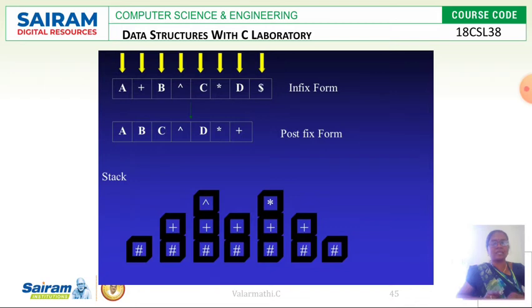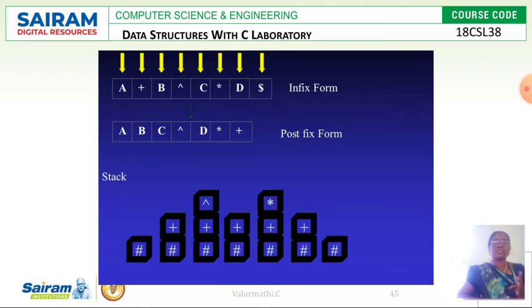We need to compare the precedence values of the operators, right? So the plus is now stored in the stack. Then which one is the third character? B. B is an operand, so it is directly stored in the output stack as the second element, right?